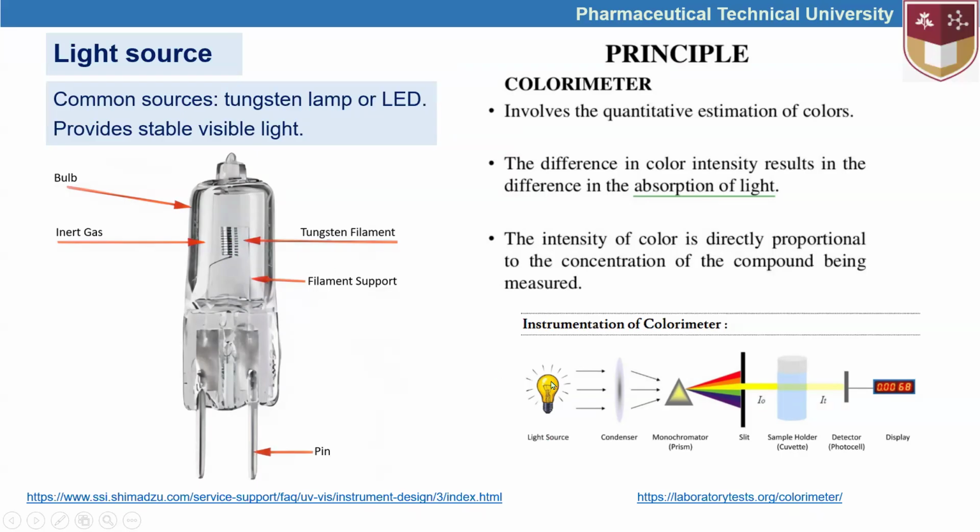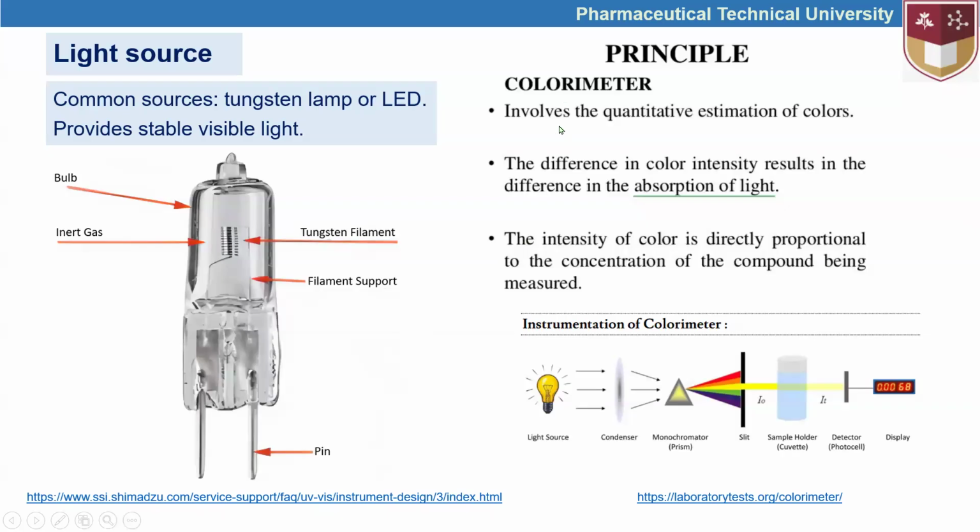As we know, Edison bulbs also contain this kind of tungsten filament. This is the source of the light that could be used in colorimeters. Inside, it is provided with inert gas in order to ensure long-term utilization of the lamp.